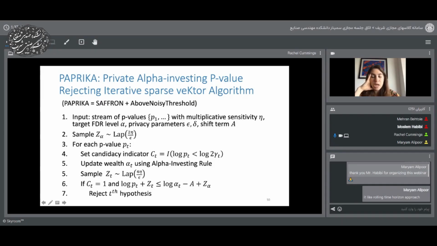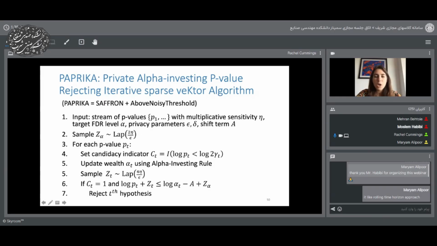And then for each p-value corresponding to our query, we're basically going to sample noise, and then compare the noisy version of our query value to the noisy version of our threshold.